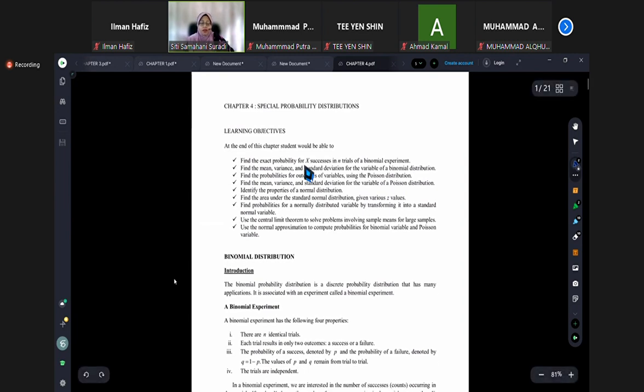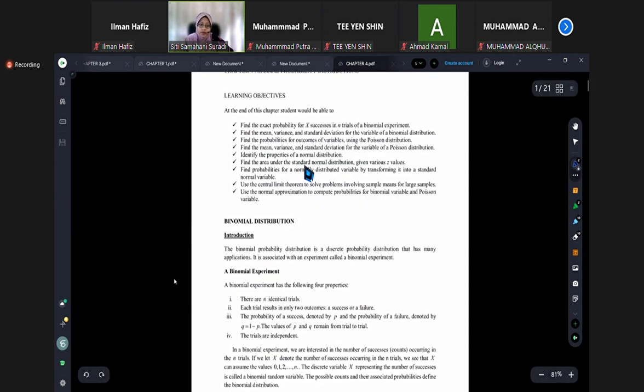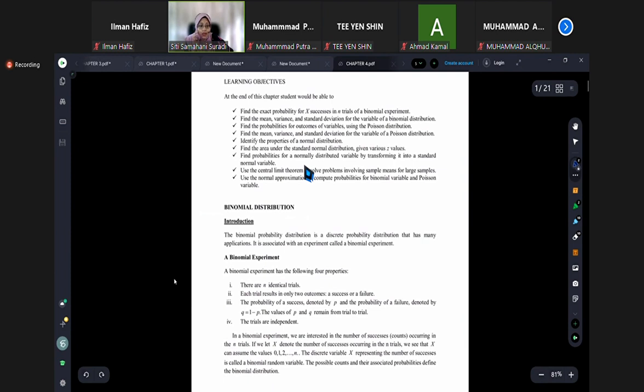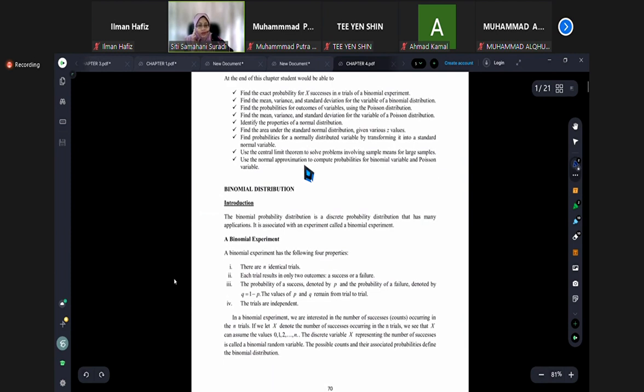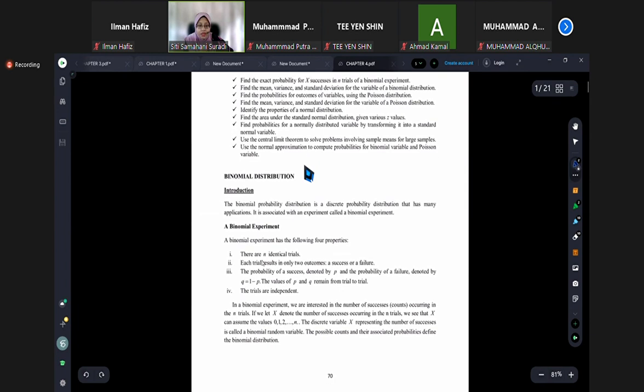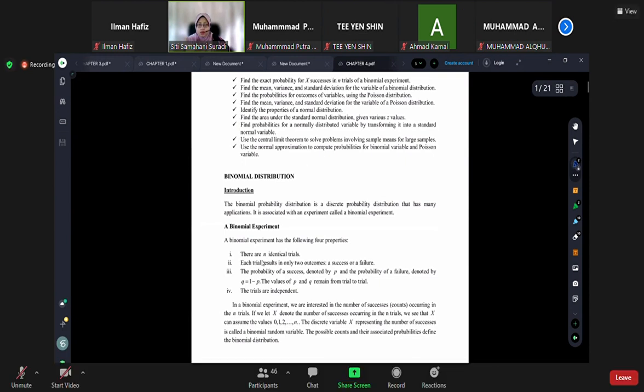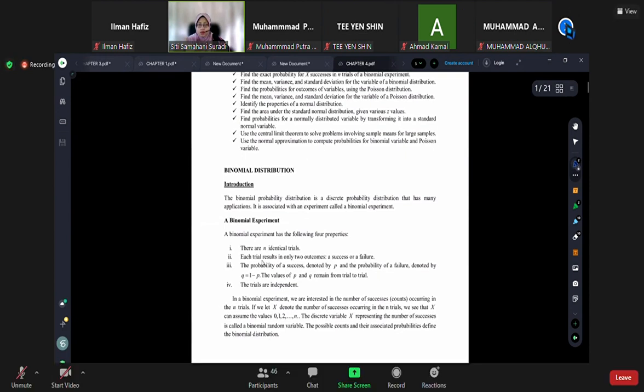For the experiment, for each trial, the total number of trials we indicate with the n symbol, while the outcome, the result, will be considered as two possible outcomes.